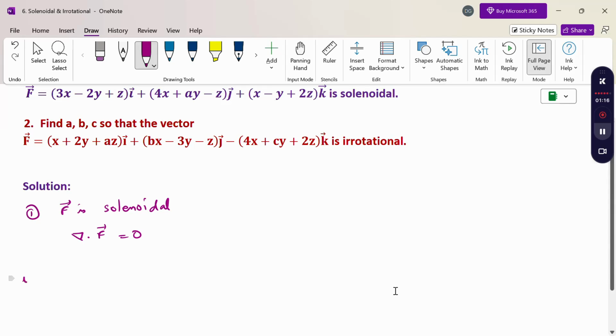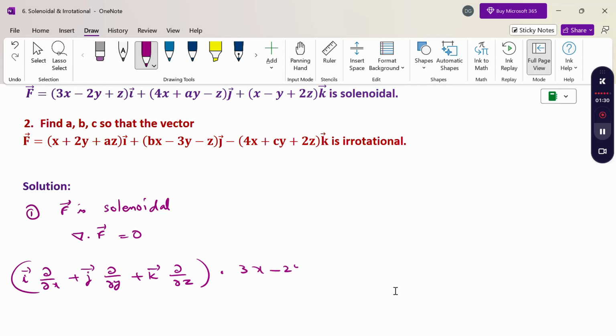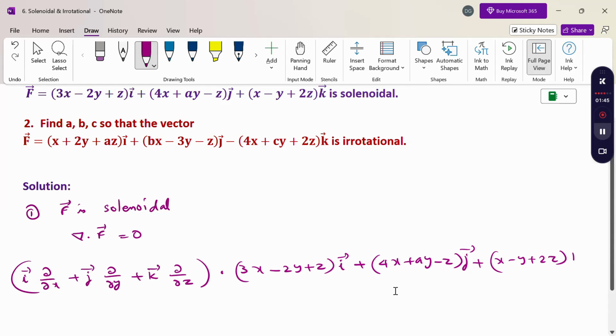So del is nothing but i vector dou by dou x plus j vector dou by dou y plus k vector dou by dou z. This is the value of del dot f vector, where f vector is (3x minus 2y plus z) i vector plus (4x plus ay minus z) j vector plus (x minus y plus 2z) k vector. So this, del dot f vector, equal to 0.